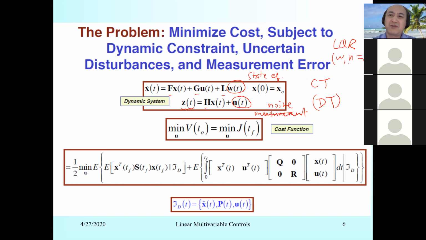It's noise free, which is not very practical. What we want to do is minimize the cost with X transpose QX plus U transpose RU. This is just a compact notation, the same.